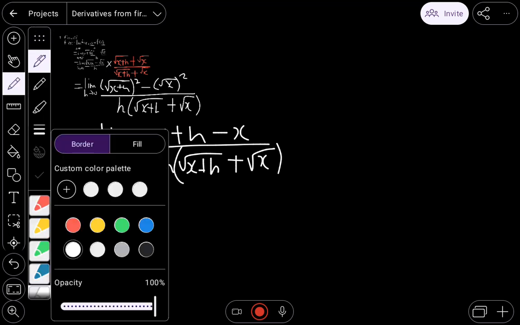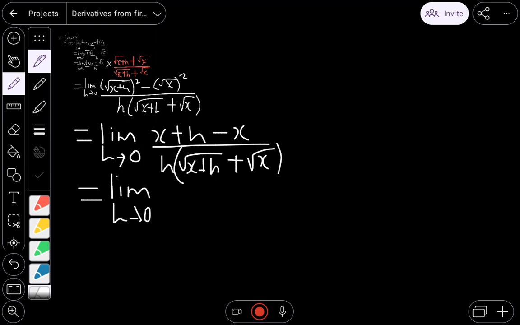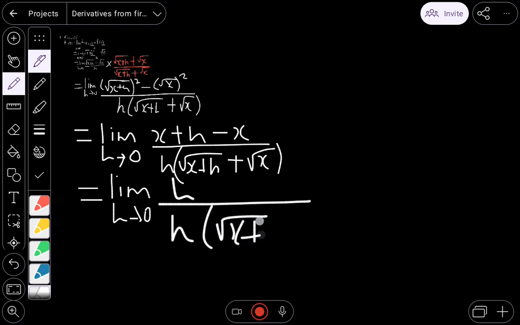So this becomes the limit when h tends to 0 of, I'm going to simplify the numerator. x minus x is 0, so you're going to remain with h only. So it's h over h times the square root of x plus h minus square root of x.